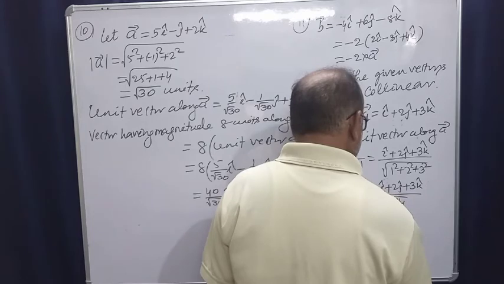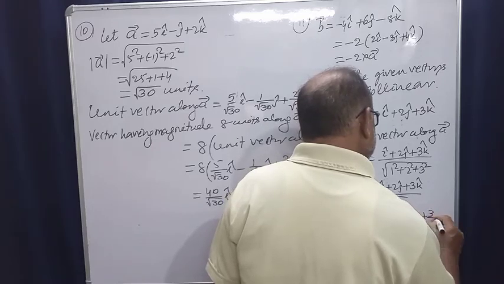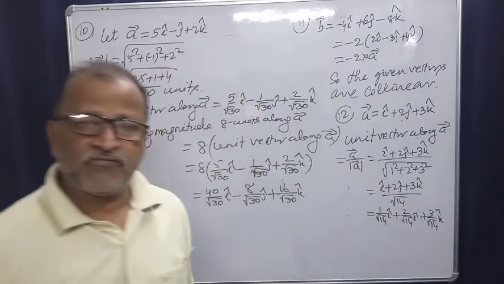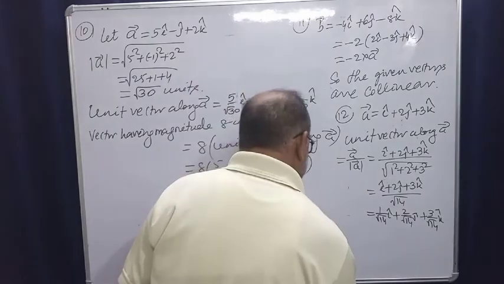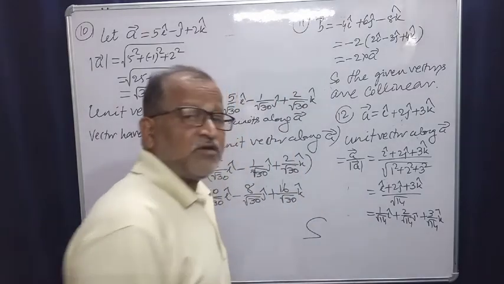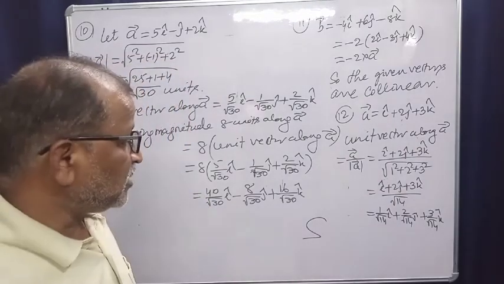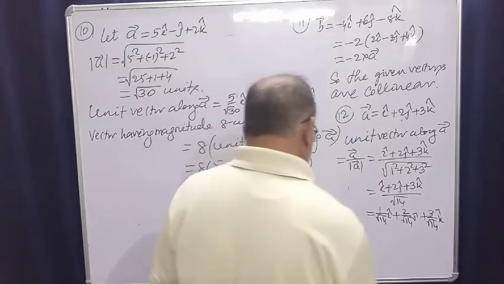So this is 1 by square root of 14 i cap plus 2 by square root of 14 j cap plus 3 by square root of 14 k cap. Right? The scalar components of the unit vector along that direction are known as the direction cosines.